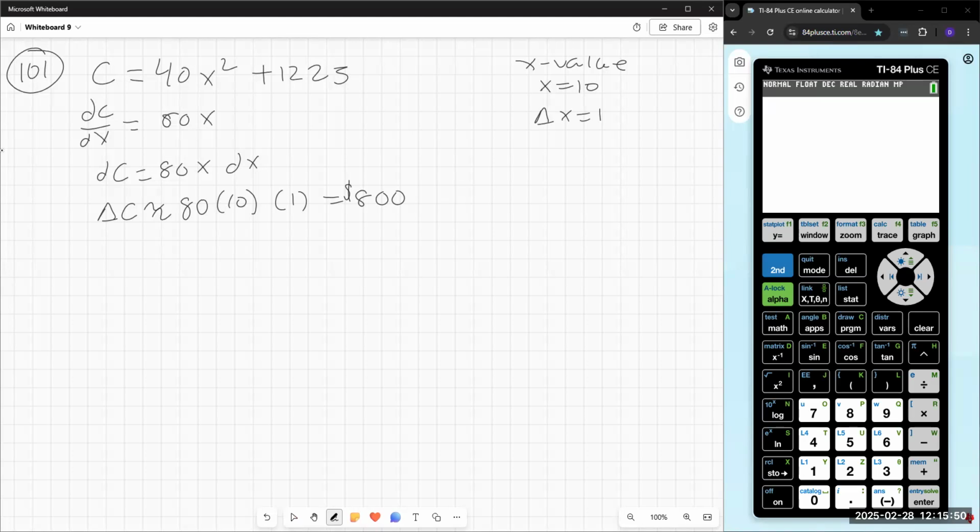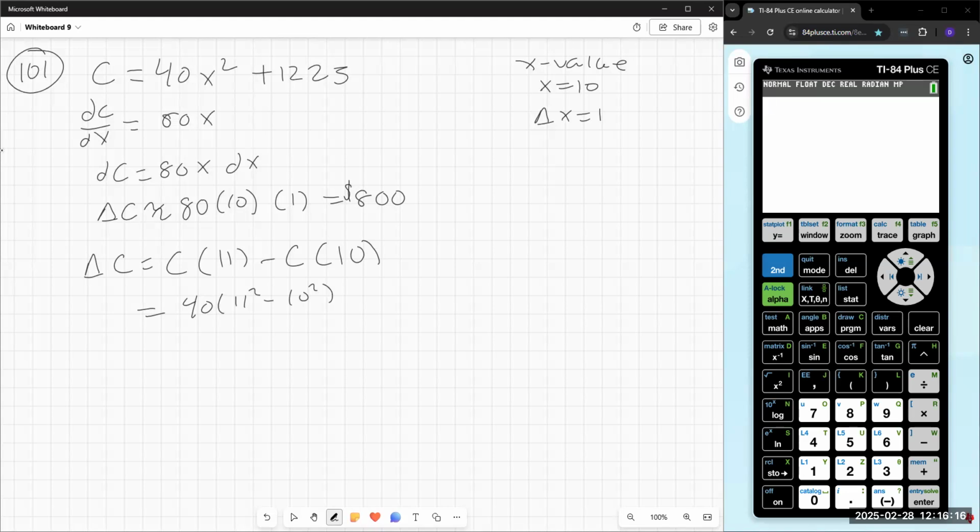Just $800. And then we are going to find the actual delta C. So delta C will be C of 10 plus 1, which is 11, minus C of 10. That will be 40 times 11 squared minus 10 squared.